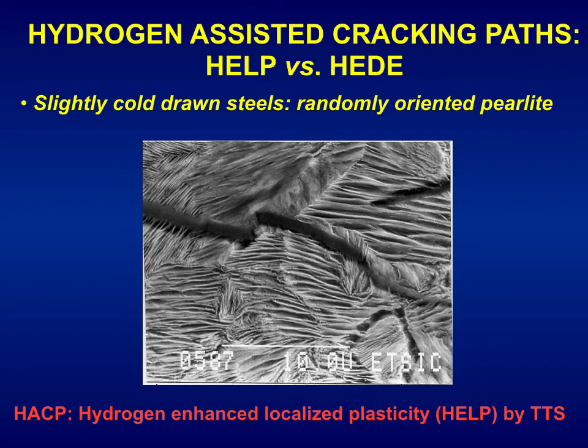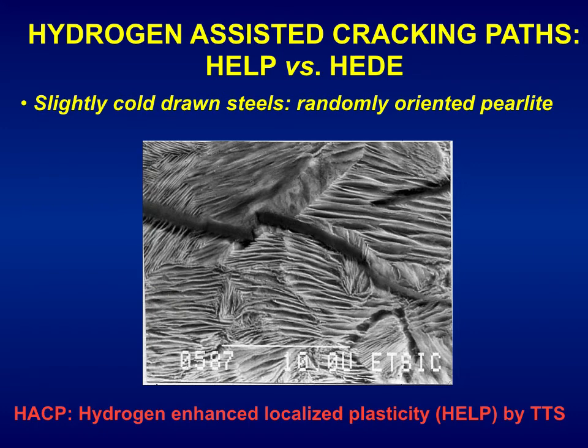Hydrogen-assisted cracking paths, HELP versus HEDE, in slightly cold drawn steels, or not cold drawn at all, like the hot rolled material, we have a randomly oriented pearlite, and we have a fractometallographic analysis of crack paths. Fractographic analysis because we deal with fractured crack paths, but metallographic analysis because after polishing we can observe the microstructure of the material. Metallographic or materialographic analysis.